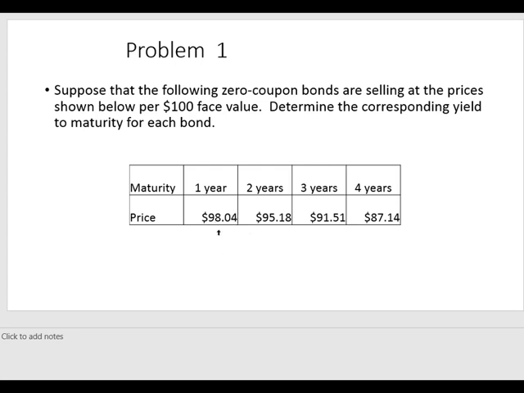So this 1-year bond, in reality, would say 98.04% of 1,000. If it's 98.04% of 100, that's $98.04. But in reality, if it's a $1,000 bond, this would be $980.40 for a $1,000 face bond. You move the decimal place 1 point.